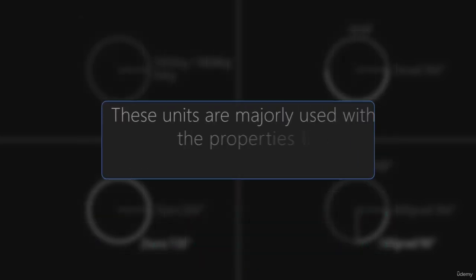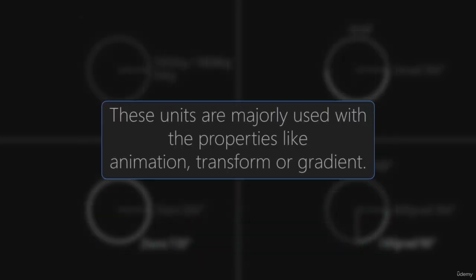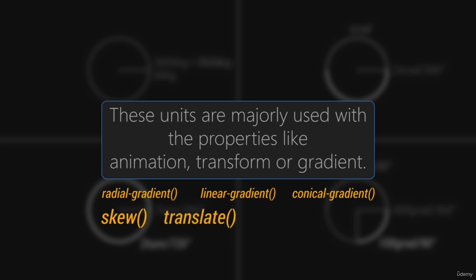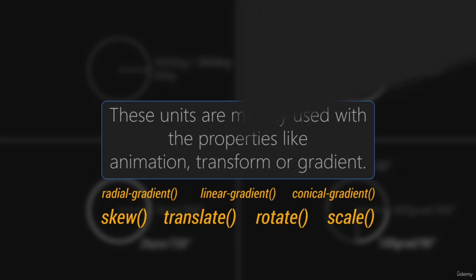These units are majorly used with properties like animation, transform, or gradient properties such as radial gradient, linear gradient, conic gradient, also used with functions like skew, translate, rotate, scale, etc. All these are advanced concepts which I will cover as we move along. So this was about the angle measurement units in CSS.